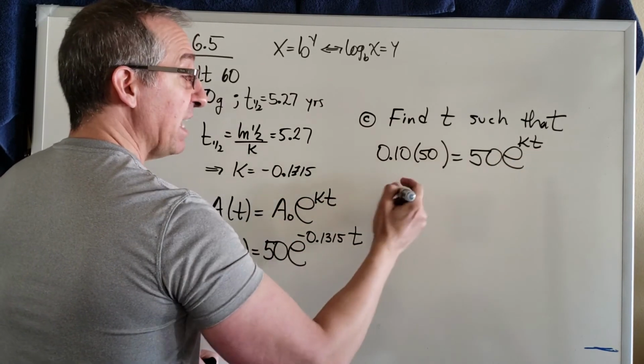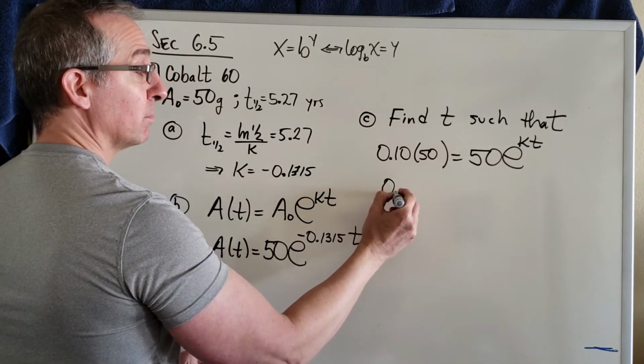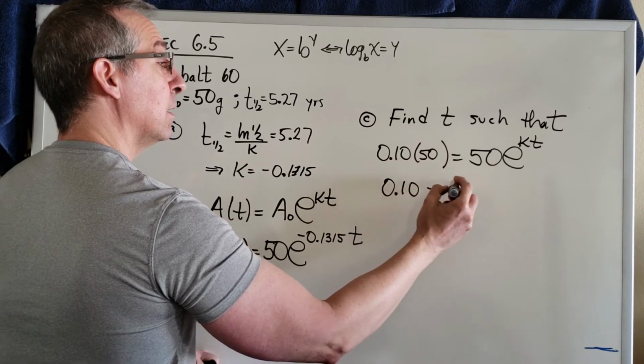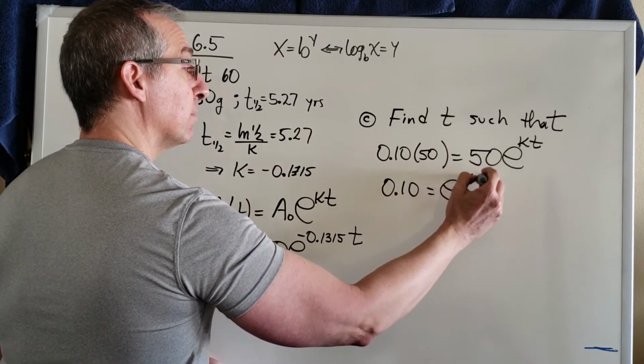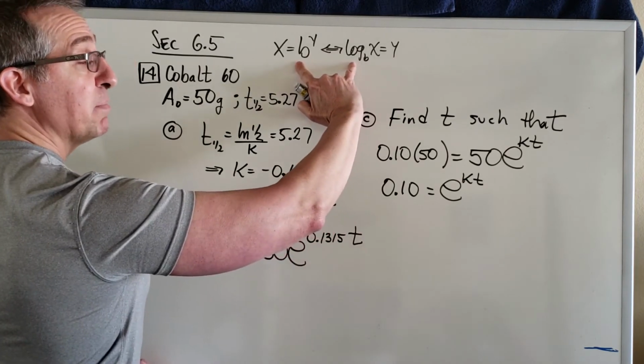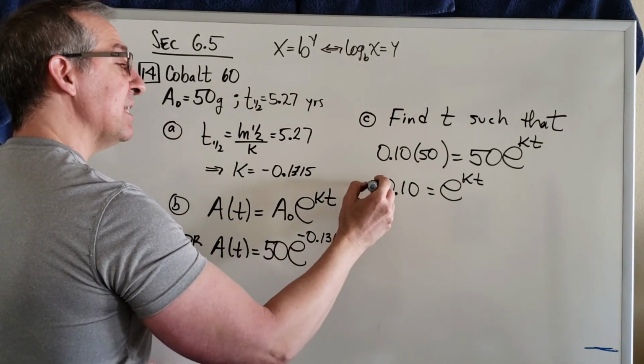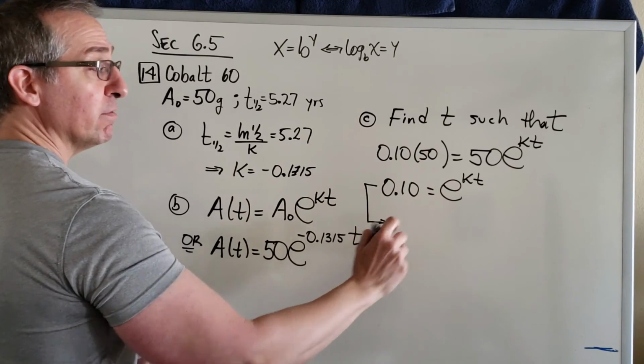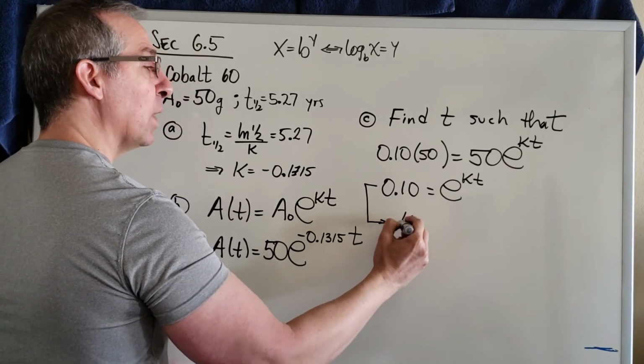I'm going to divide the 50 out from both sides. Once again, I'm going to appeal to this very special relationship and say that the equivalent logarithmic equation for this exponential equation is this one.